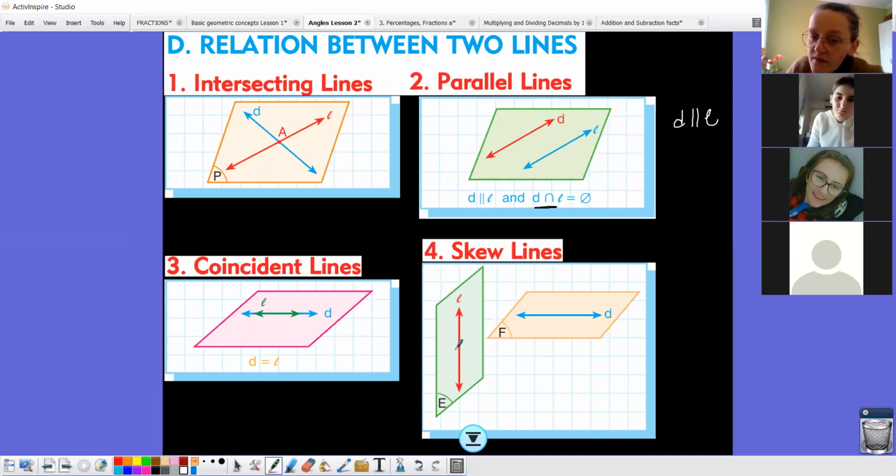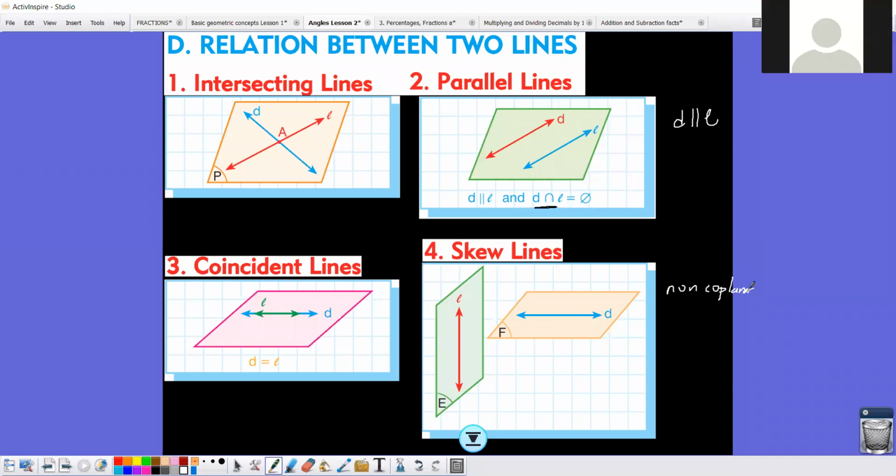Skew lines, they are in different planes, as you can see. One of them is in the plane AE, the other one is in the plane F. So we call these lines skew lines, in different planes. They are non-coplanar. Do we know what coplanar means now?